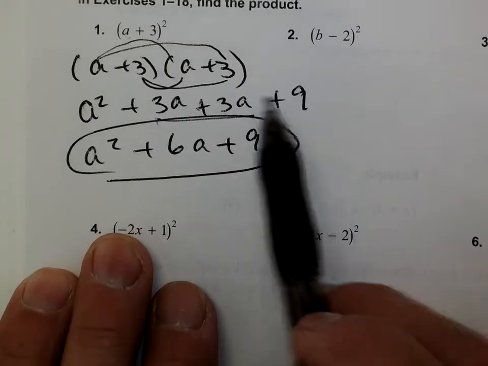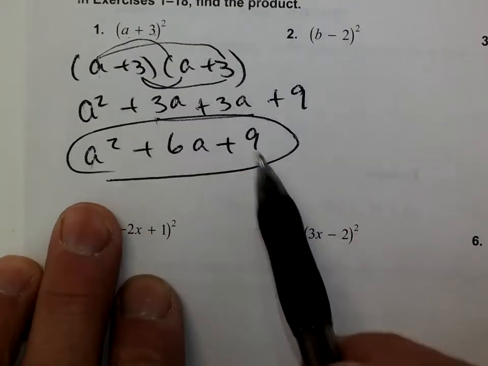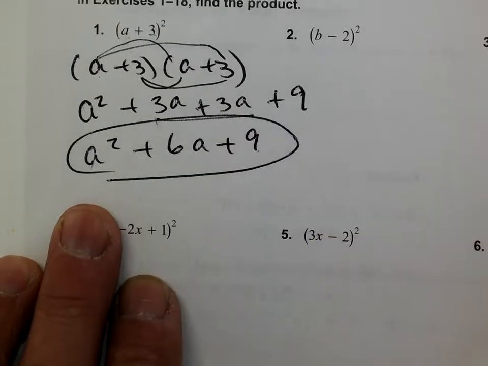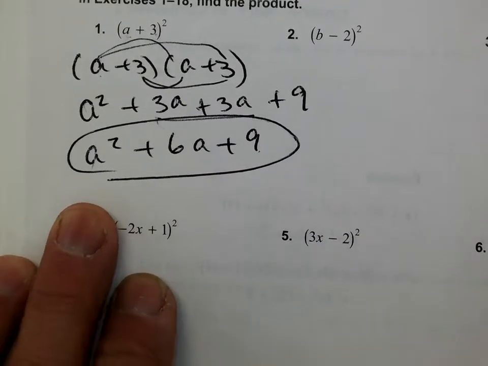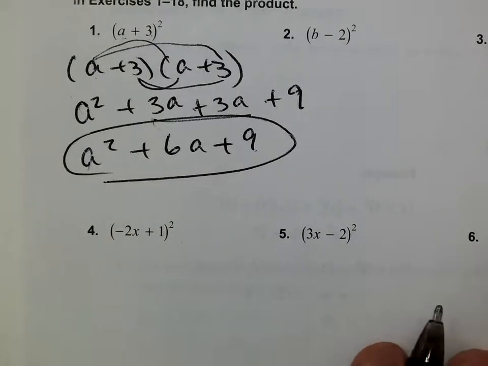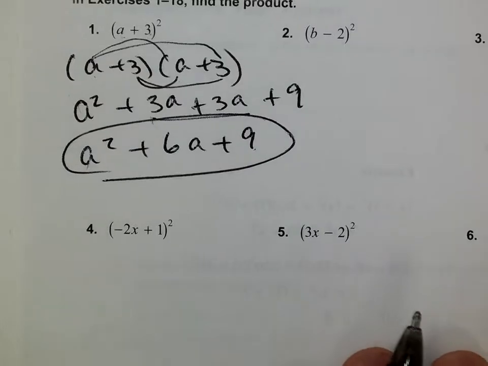So if I did a squared and 3 squared, and a times 3 is 3a, but double it and you get 6a. That's just another way to do it. But if you don't care about that way, just FOIL it. I think it looks nicer.